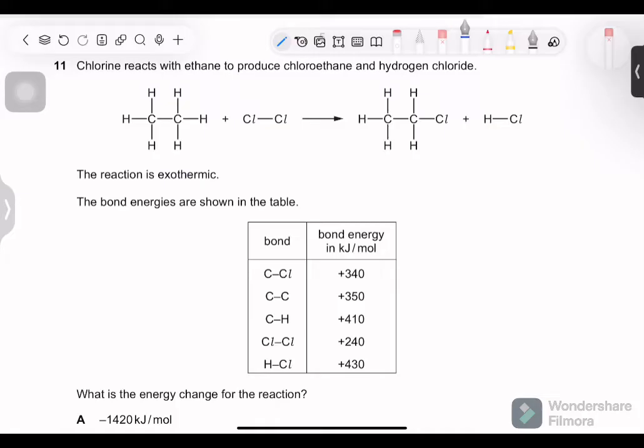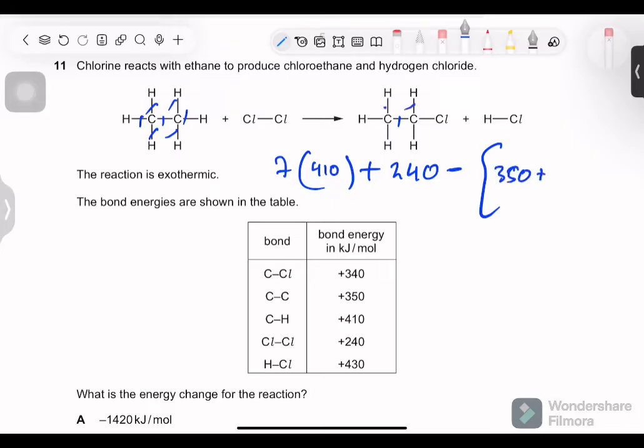So energy in is 1, 2, 3, 4, 5, 6, 7 bonds of C-H, 410, plus Cl-Cl bond is 240, minus we have one carbon-carbon bond, so 350, plus we have 1, 2, 3, 4, 5 carbon-hydrogen bonds, plus carbon-chlorine bond, which is 340, plus HCl, so 430, hydrogen and chlorine.